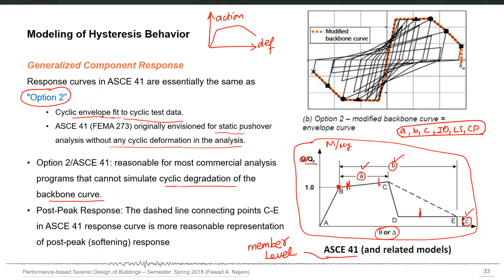So it means that there are detailed tables in your document ASCE 41, and in order to get a, b and c, IO, LS and CP for a particular beam or column, you have to go into those tables and put in your cross-sectional properties, material properties and reinforcement details, everything, amount of steel for example, and finally you get the capacity values, and then using that you can construct this curve and give it as an input for capacity. So this we will discuss more when we discuss the plastic hinge modeling approach.